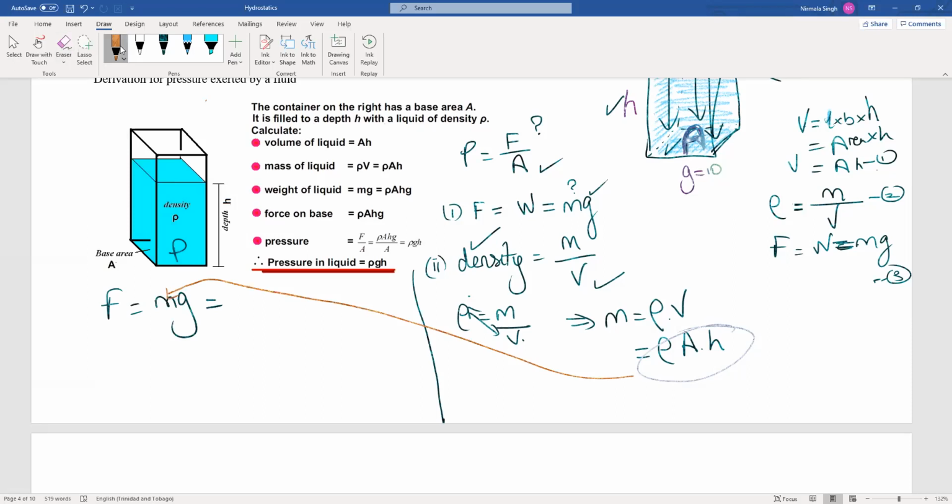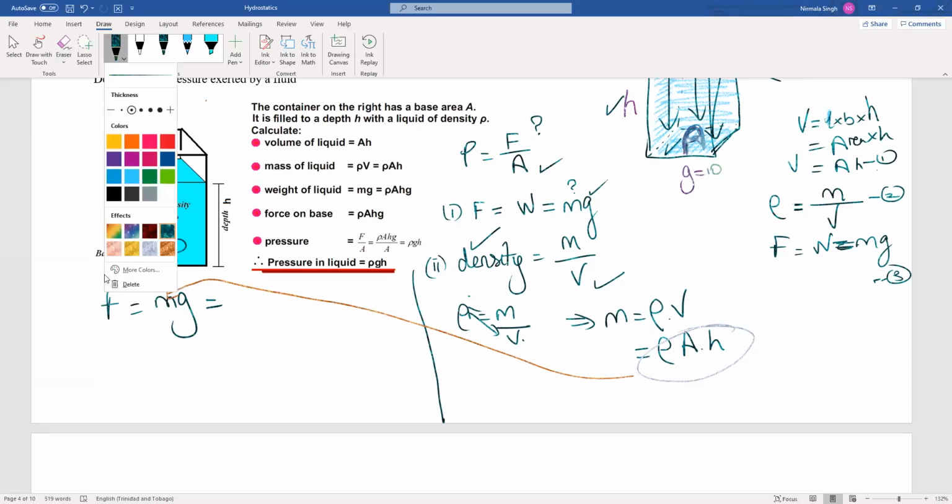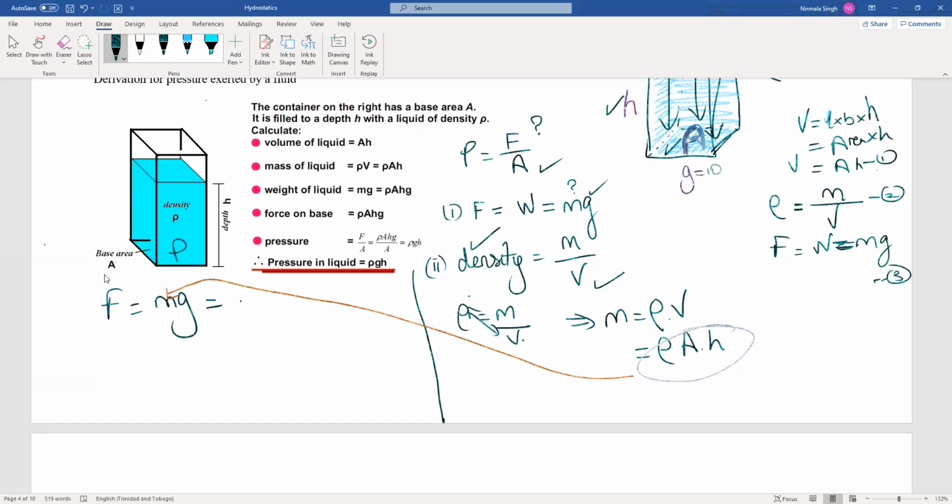We are going to get rho by A by h by g, because rho A h basically equals your mass. So this entire term here is equal to your mass, as we just saw. So we now have terms for force, and we have our area, so we can work out our pressure.